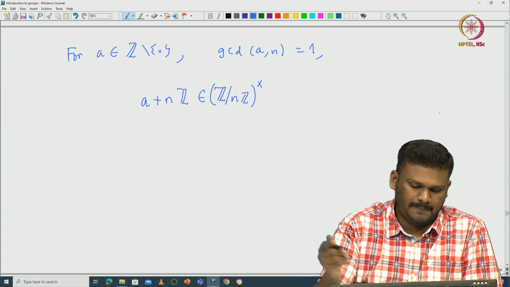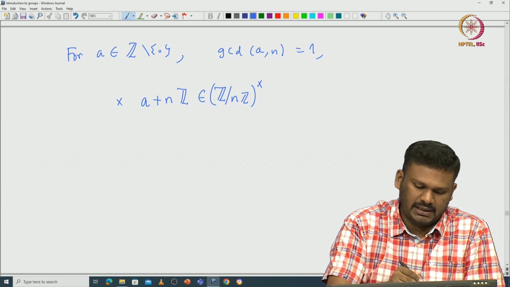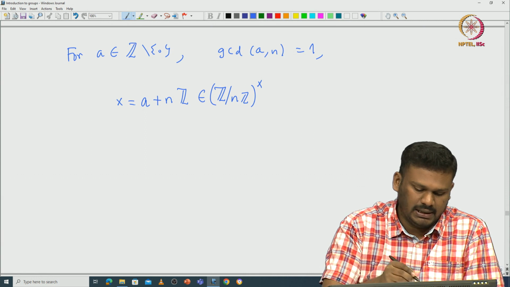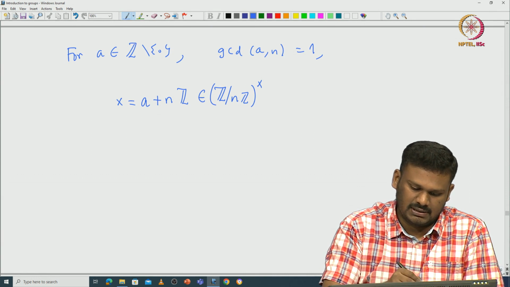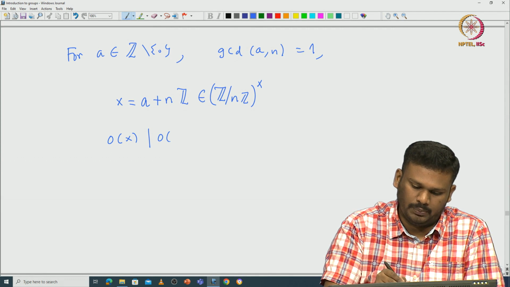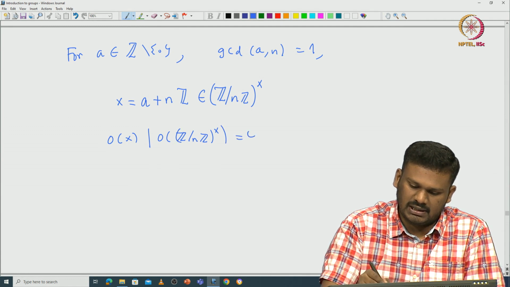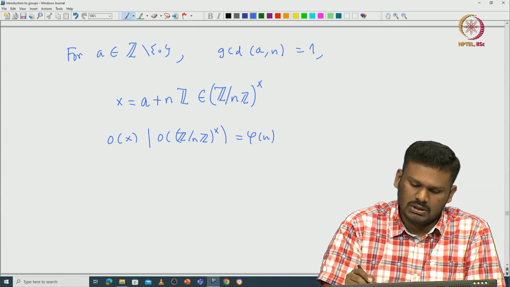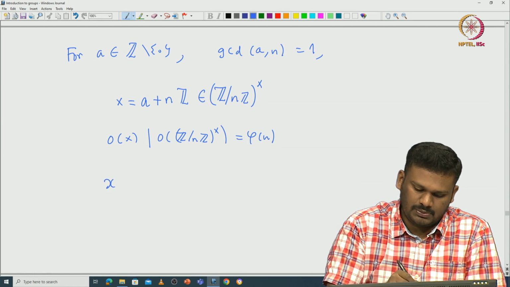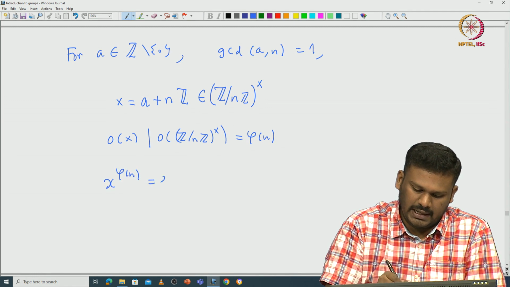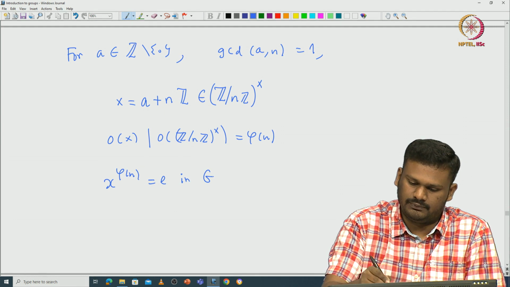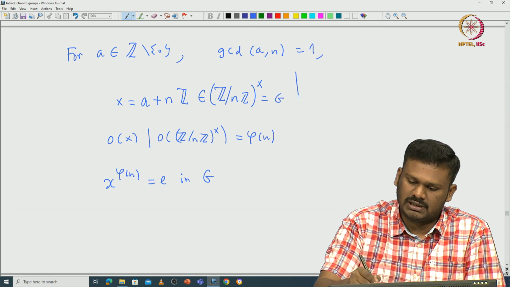Now, if you call this element x, then it is clear that the order of x should divide the order of this group Z modulo NZ cross, which is exactly phi of n. What does it mean? x power phi of n must be the identity inside this group G. Let us rewrite this.